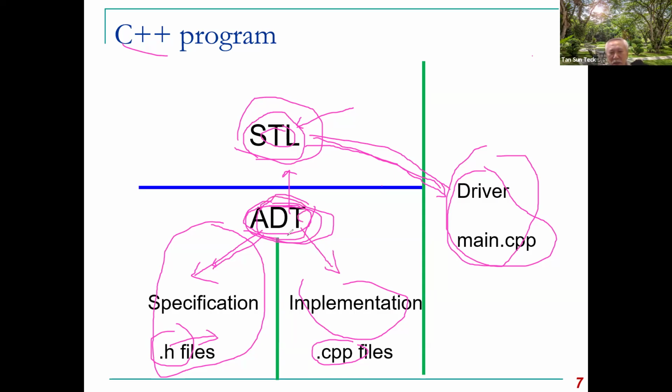After you implemented this ADT, you will be able to use it in your driver program, similar to using a class inside the STL library to solve the problem for you. So try to understand these things so that when you are creating your program, you know exactly where you are and exactly what you are supposed to do, right?